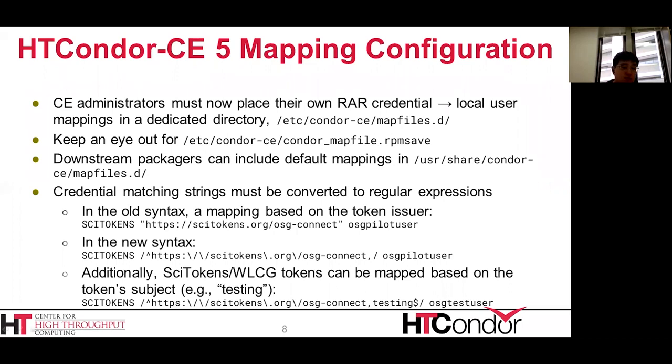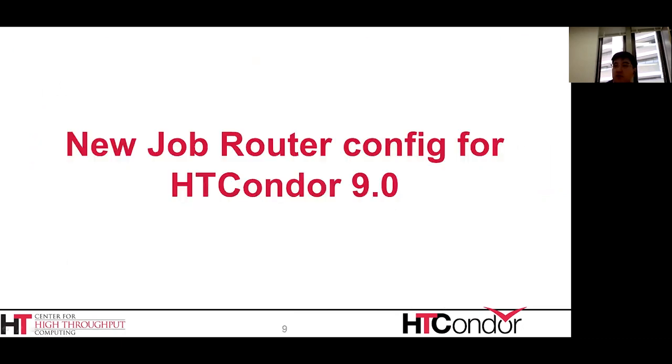So in that last bullet, we are mapping all tokens from that same OSG Connect SciTokens issuer, but only if they have the testing token subject. Next slide, and I think this is where we hand off to TJ, who will sell you on how great the new job router transform syntax is.